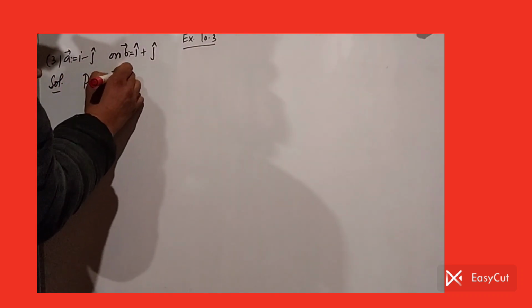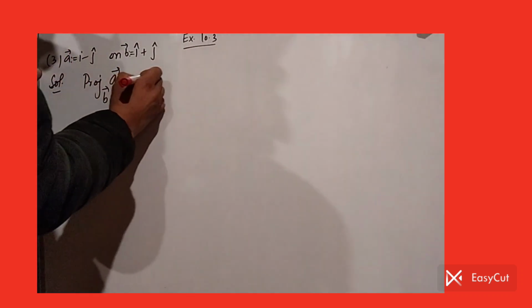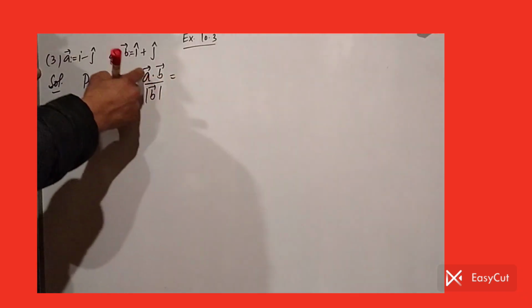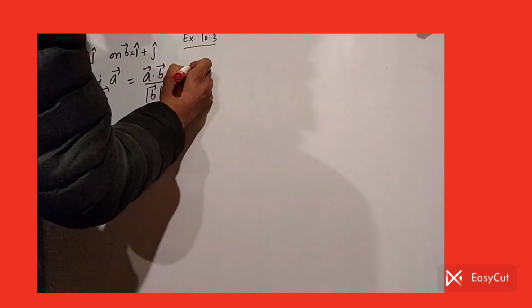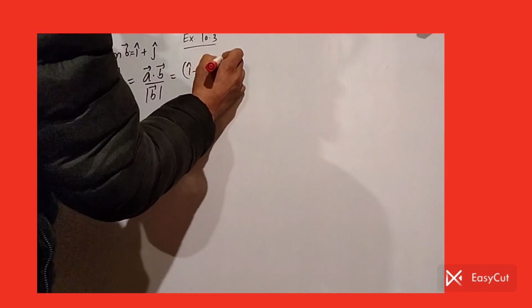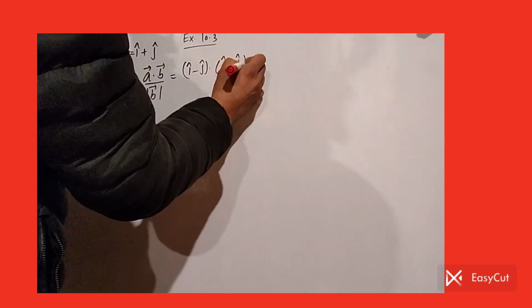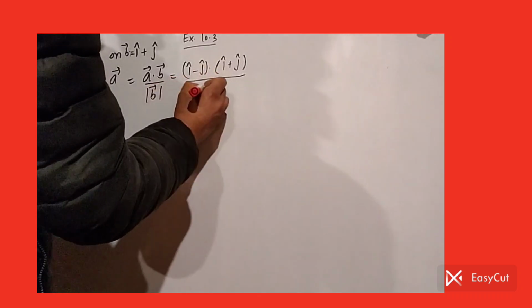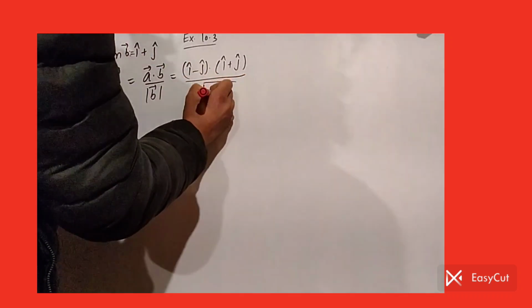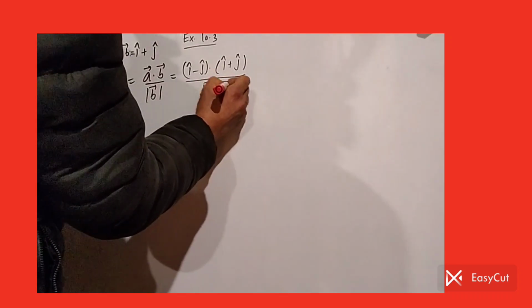The projection of vector A on vector B is equal to vector A dot vector B divided by magnitude of vector B. That is the dot product of (i minus j) with (i plus j) whole divided by magnitude of B, that is under root of 1 square plus 1 square, because k is 0.